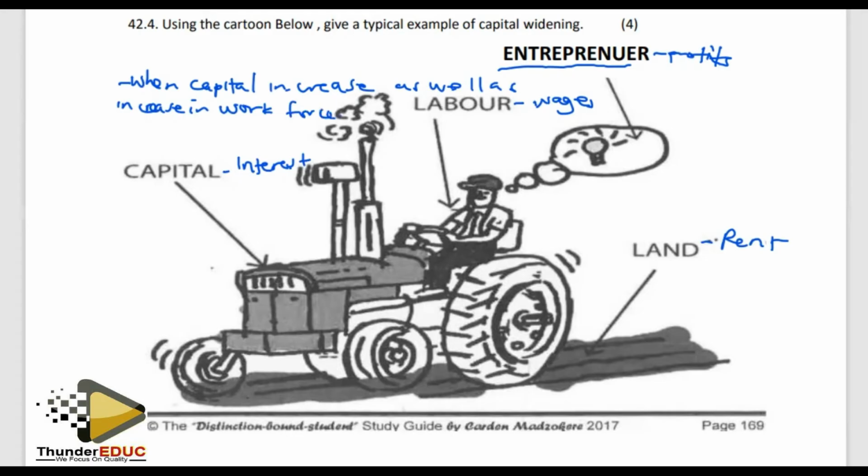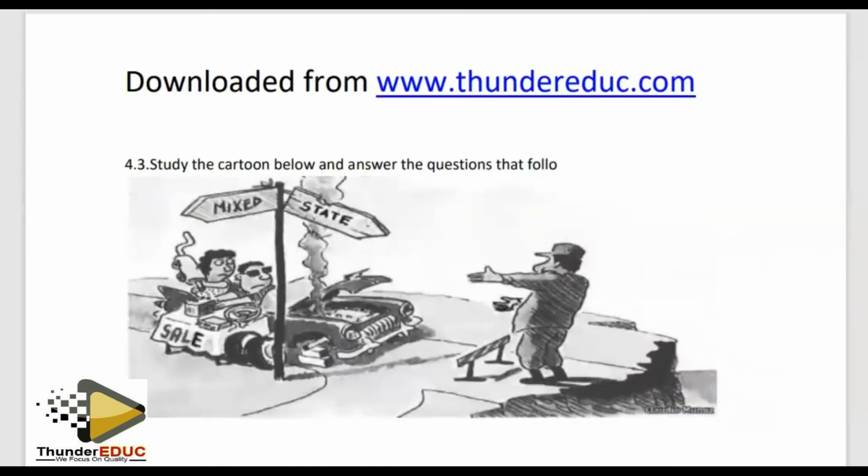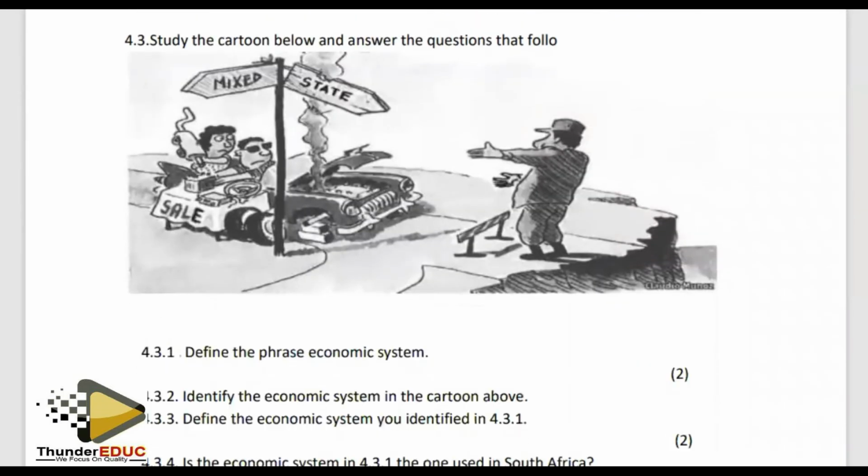Okay. Data response. We're going to the next question. Study the diagram below. Study the cartoon below and answer the questions that follow. Look at this cartoon here. There is a mixed economy.